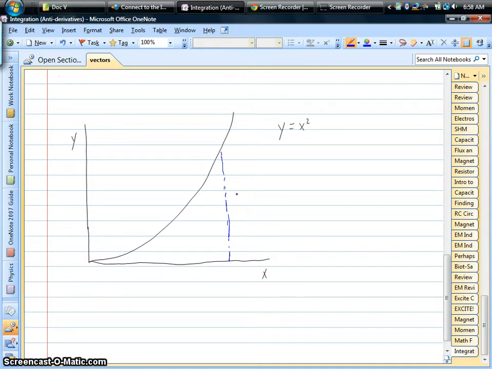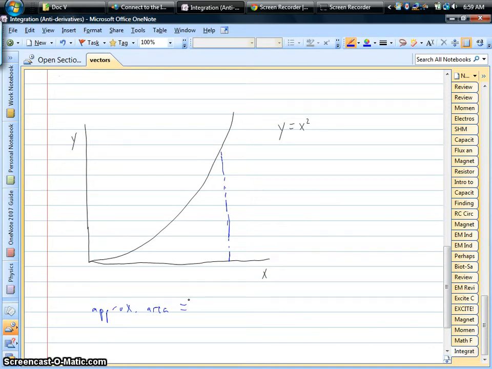Okay, that became a dilemma way back when. And here's kind of a way they started to figure this out. If anything, we can at least approximate the area. And how might we do that?